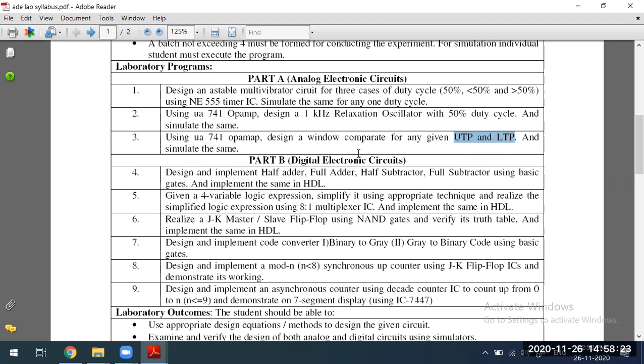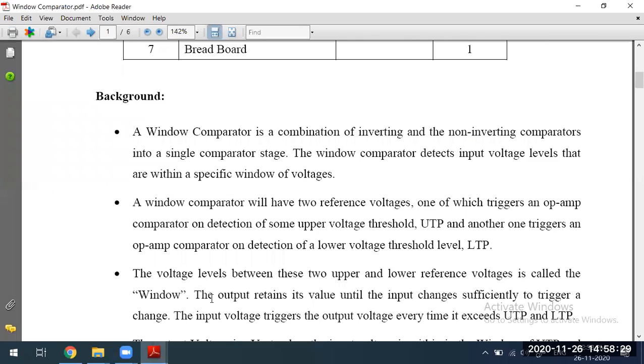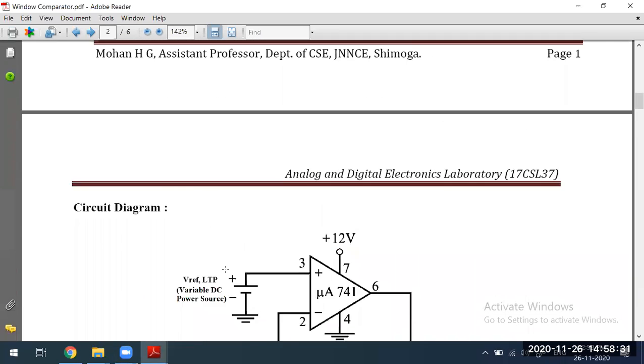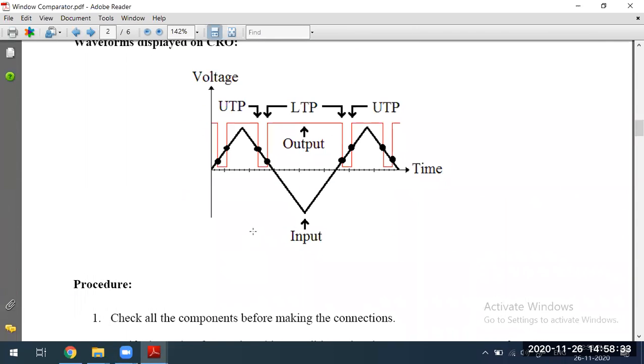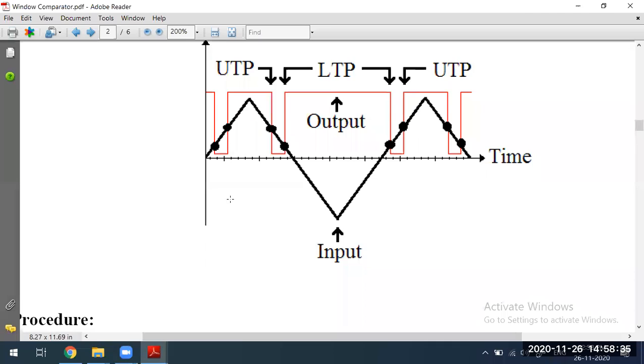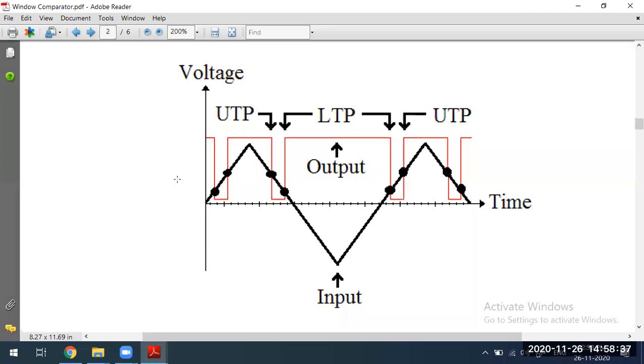You have to use the operational amplifier, and you have to design in that way. This is how the output looks. Input will be an input voltage. You are going to give 1.1 volts, 1.2, 1.3, 1.4. I think you are seeing the pointer here.